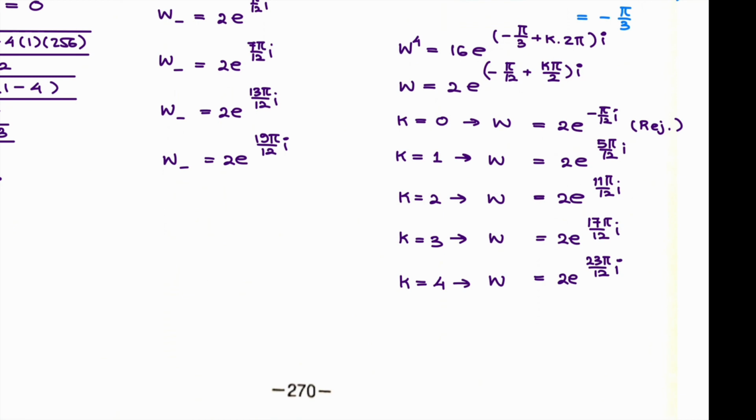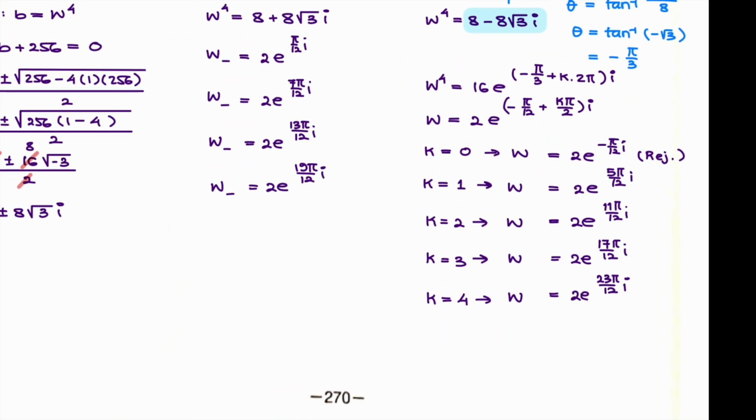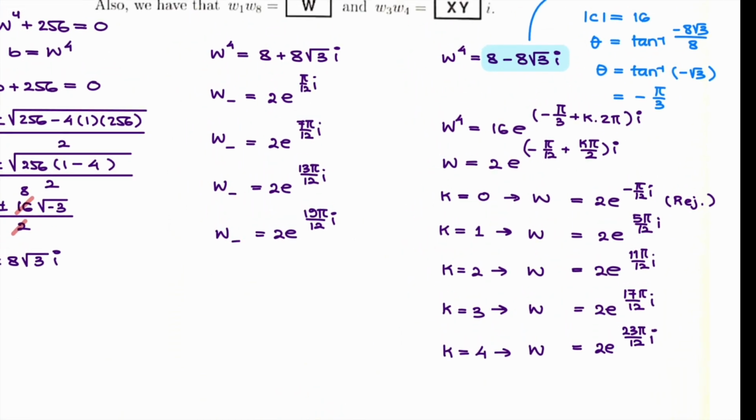If you substitute k equals 5, the argument will be outside the range, so we cannot take k equals 5. So basically at the end, if you do it correctly, you will obtain 8 different solutions. There must be 8 different solutions. You cannot obtain more than 8 or less than 8 if you do it correctly.